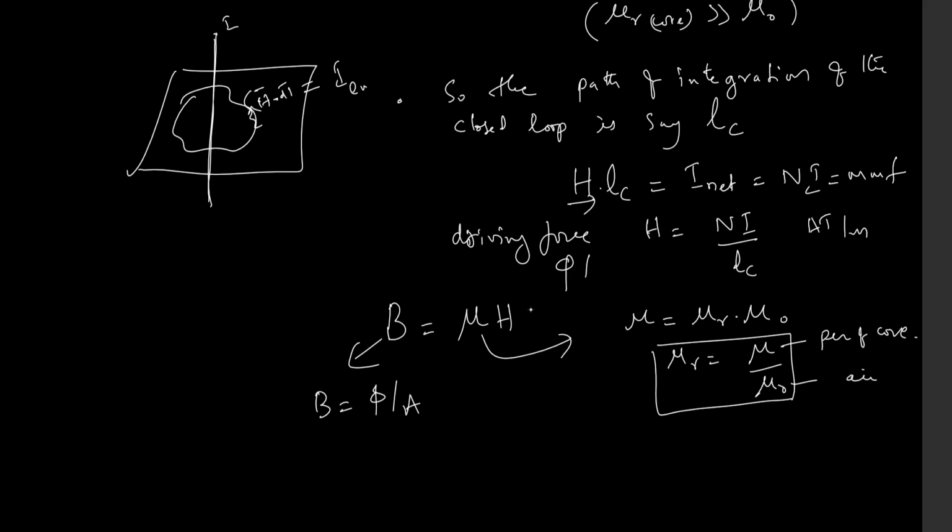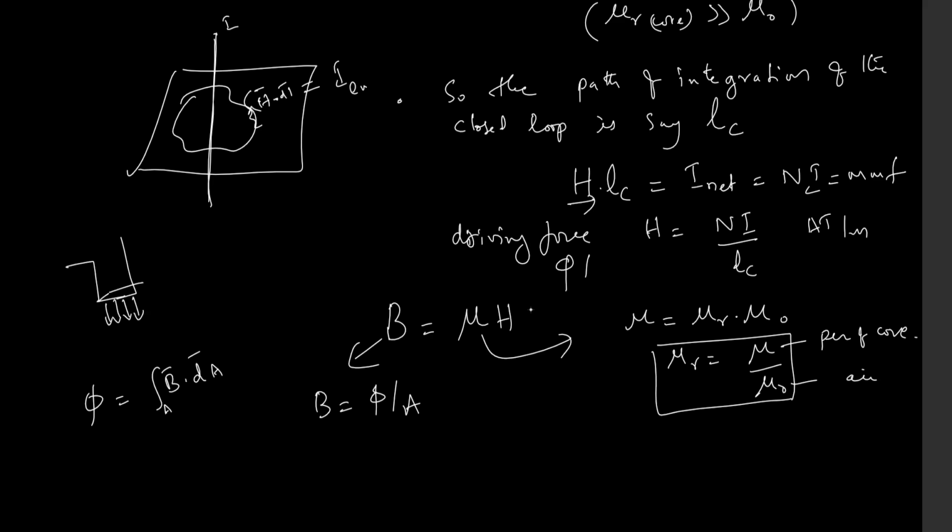or mathematically I can say the flux in the core is the surface integral of B dot dA. So I can say this is core like this, so it is having the flux directions coming out like this.